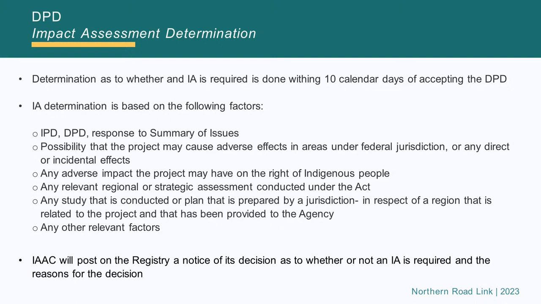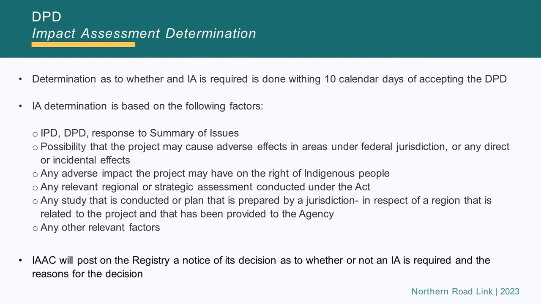Any relevant regional or strategic assessments that are being conducted under the Impact Assessment Act. Any study that is conducted or planned that is prepared by a jurisdiction in respect of a region that is related to the project and that has been provided to the agency. Any other relevant factors too.